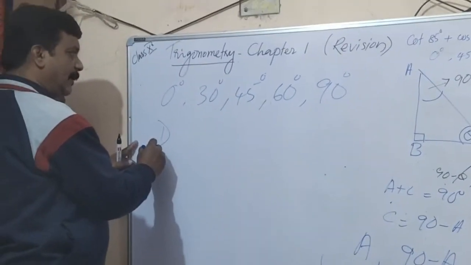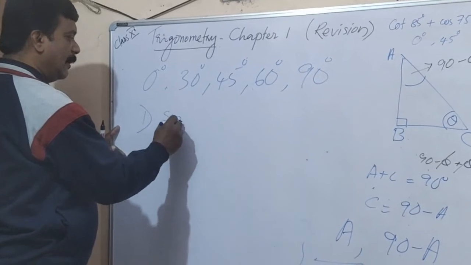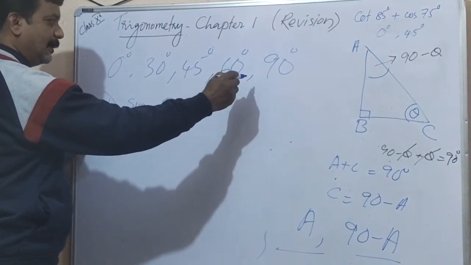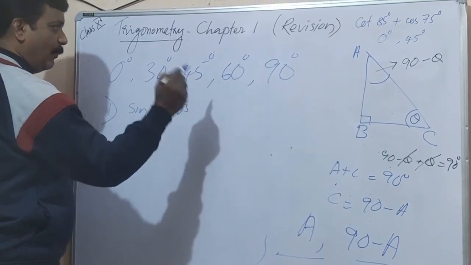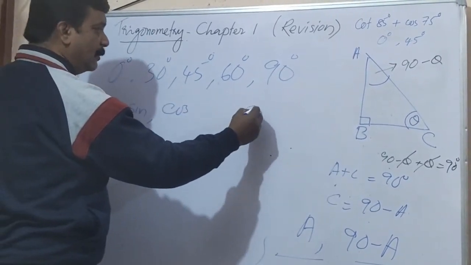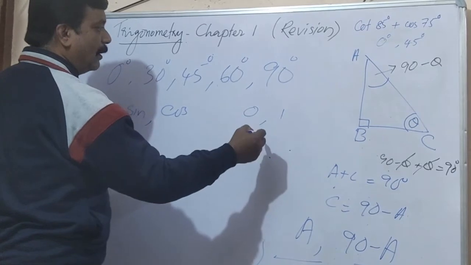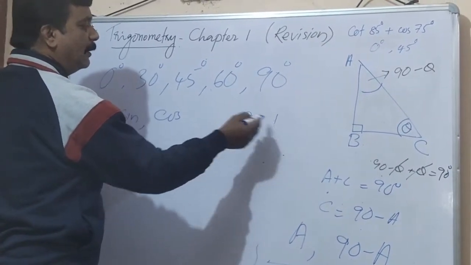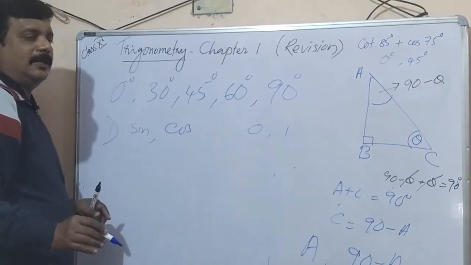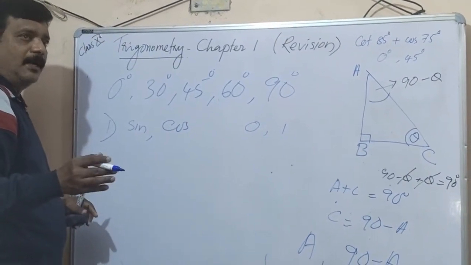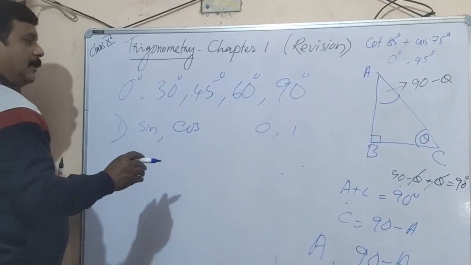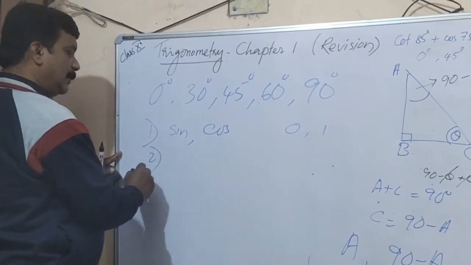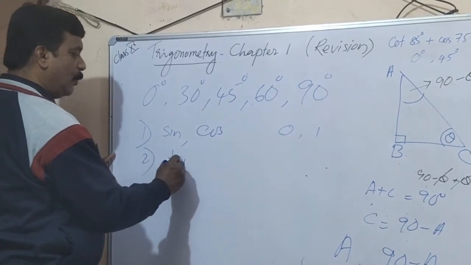First point is that sine and cos of all these angles will lie between 0 and 1. It will not exceed 1, it will not become less than 0. It can be equal to 0 or equal to 1, between. Right? Both are inclusive.